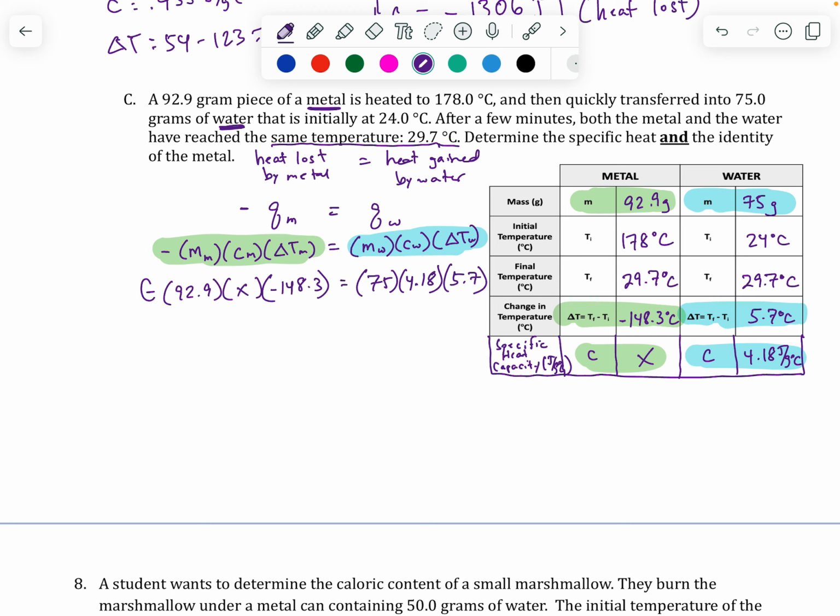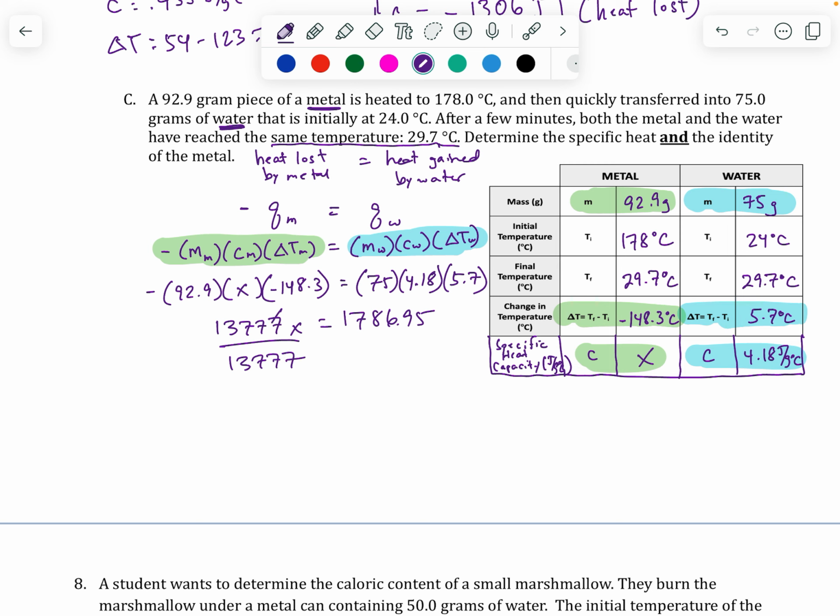What you notice is that the negatives will cancel each other out every time. Therefore, if you want to go ahead and ignore those negatives in terms of the math itself, it'll work out just fine. So we have our 13,777 times x equals 1,786.95.